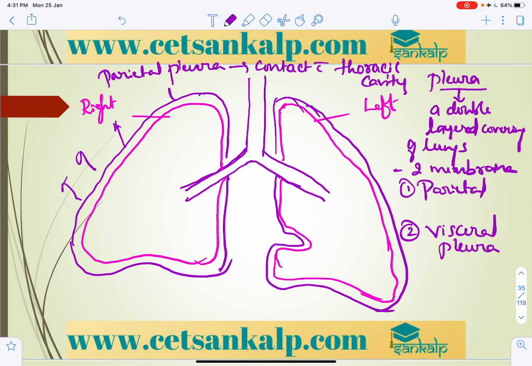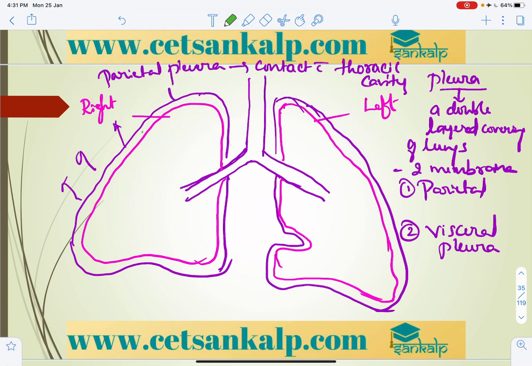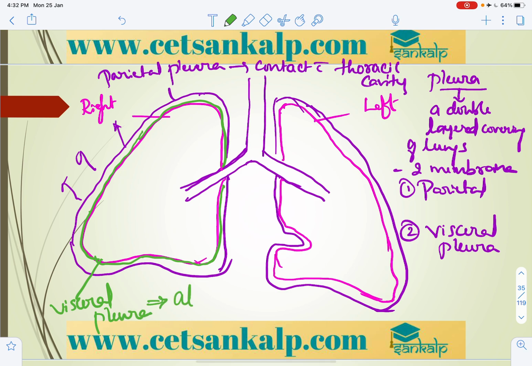And next, the inner visceral layer remains attached with the lung surface. So this is the visceral pleura, the inner layer in contact with the lung surface.